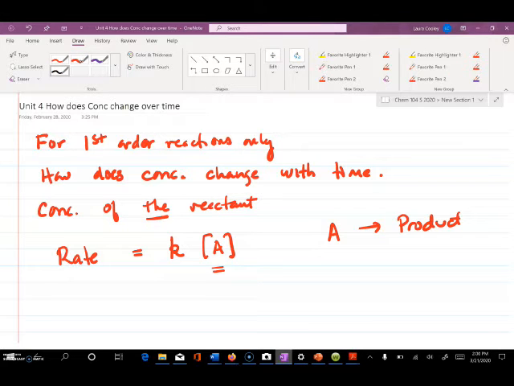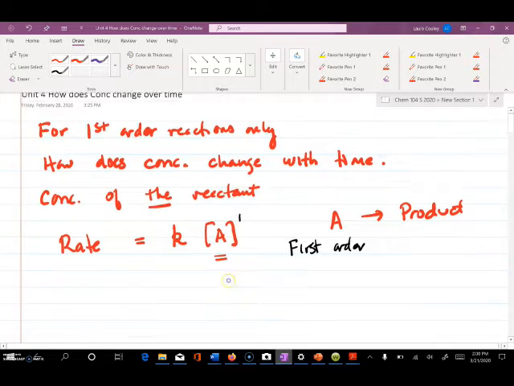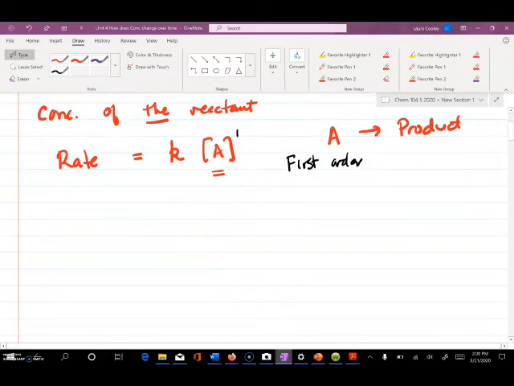So only first order. So this is first order, because this is the 1 power, okay? So anyway, what I want to talk about is how you will go from reaction rate to concentration changes over time.